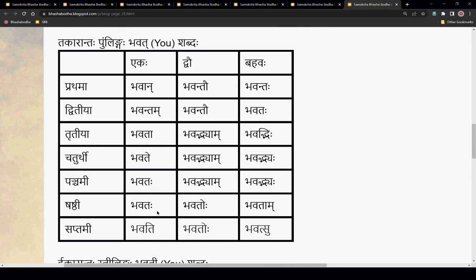Panchami, Shashti, Bhavataha. Panchami Dvivachana, Bhavadbhyam. Then Bahuvachana, Bhavadbhyaha. Shashti Bahuvachana, Bhavatam. Dhanyavad. Bhavadbhyaha.